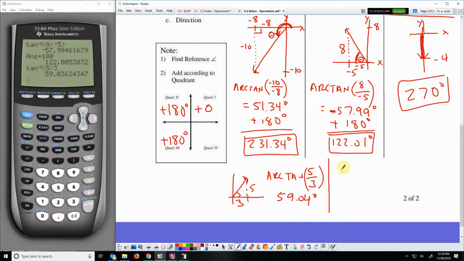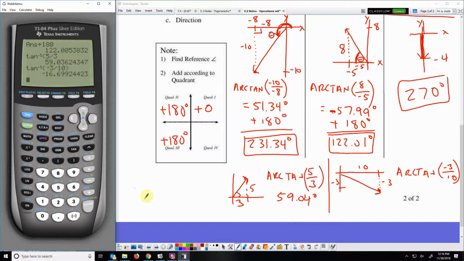If it's in the fourth quadrant, say maybe it goes over 10 and down 3. So I've got a negative 3 here for opposite, adjacent is 10. So I'm going to do arctangent opposite, negative 3 over adjacent 10. So second tangent, negative 3 over 10 is negative 16.70 degrees.